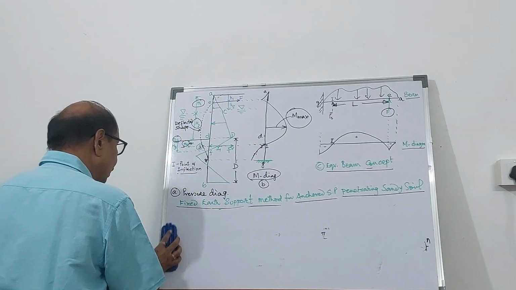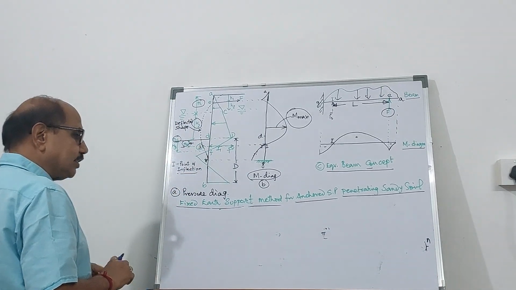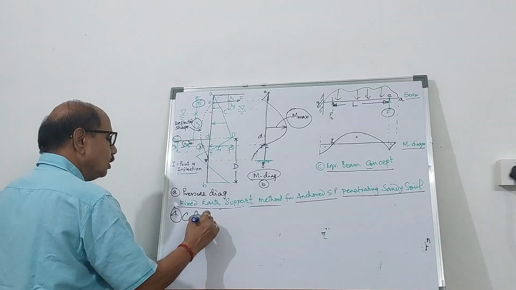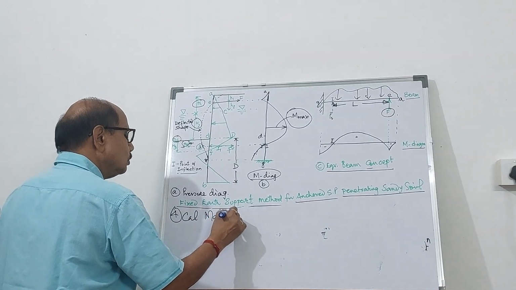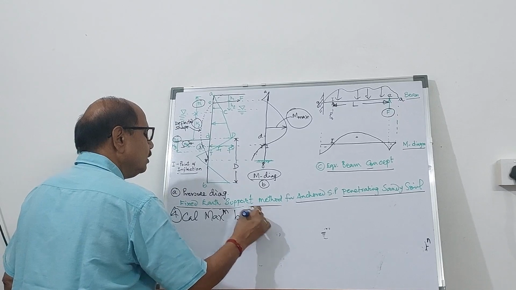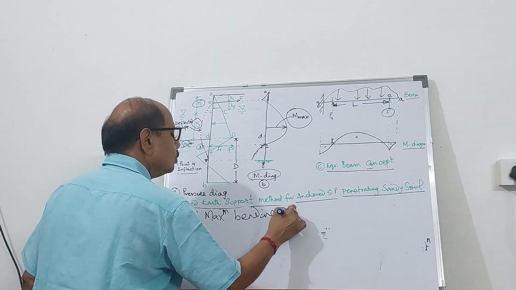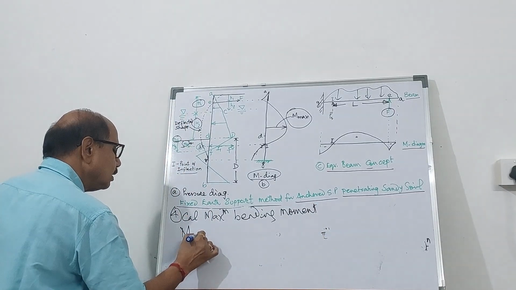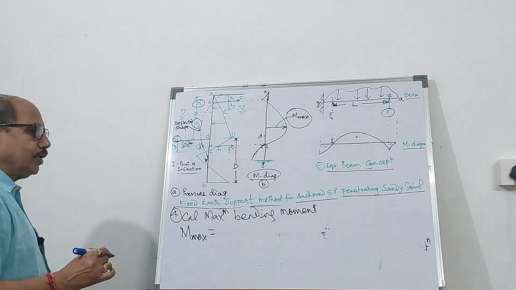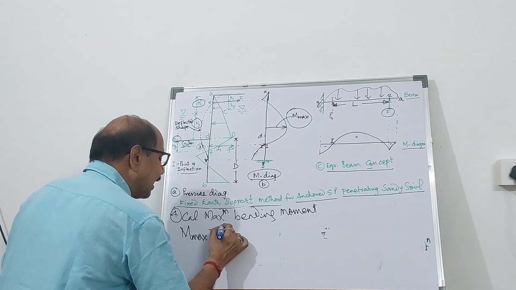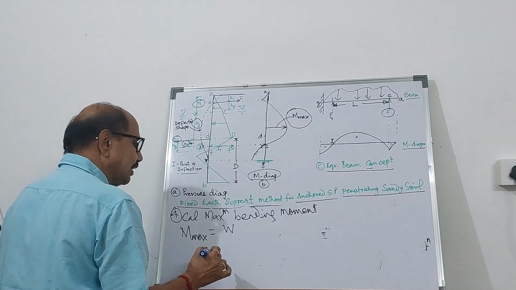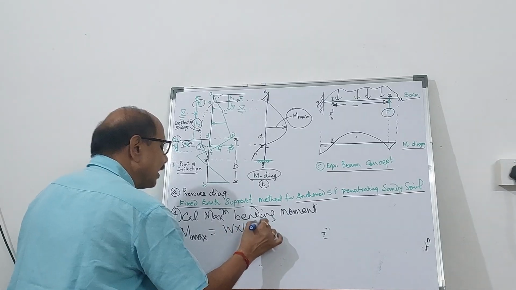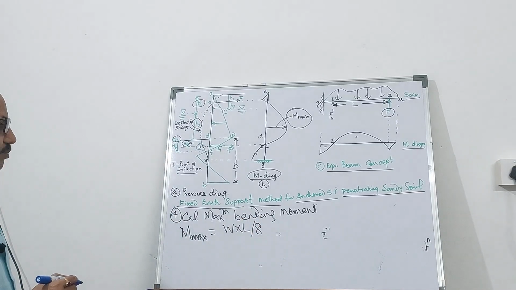Having found out the value of W, the next step is to calculate the maximum bending moment, M max. You know it, it's very simple. You have already calculated the weight between I and E, multiplied by the span length L divided by 8. So that gives you the maximum bending moment.